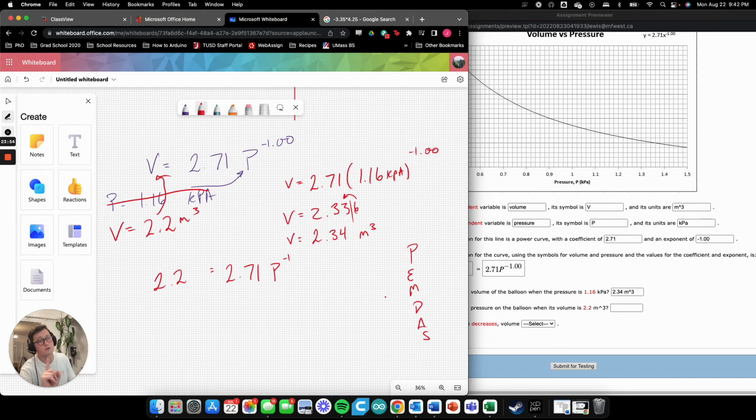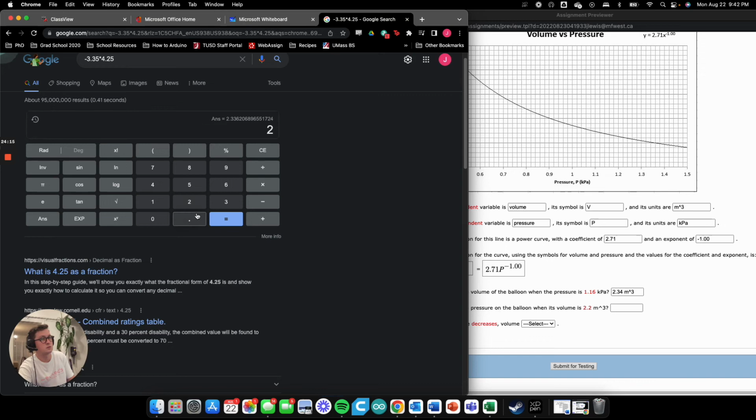When you're solving algebra, you do it in reverse. So we're not going to use the exponent first. We're going to divide first. These two things are being multiplied together. To get p by itself, we need to divide on both sides. Okay, 2.2 divided by 2.71.